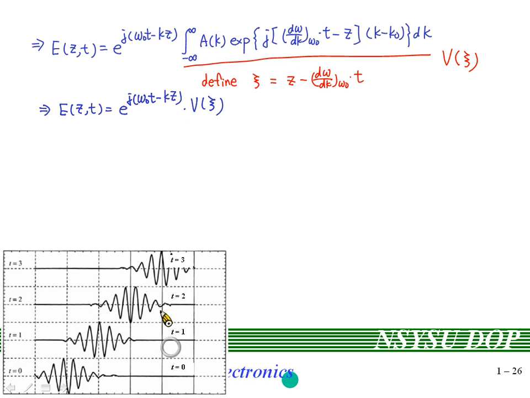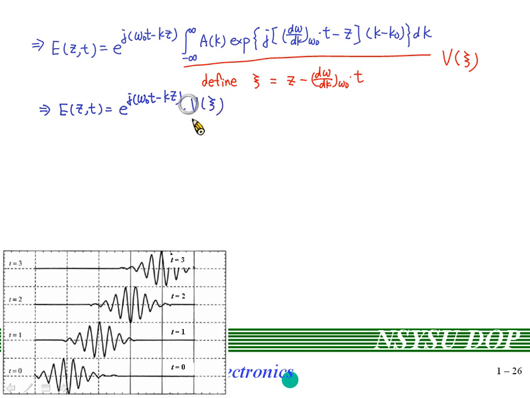Okay, so here is the plot of the E function. As t is 0, we have the pulse shown here. As time increases, the pulse will move to the positive z direction. Then our purpose is to find out the velocity of this pulse.